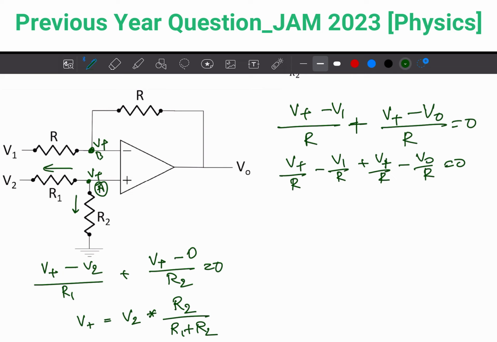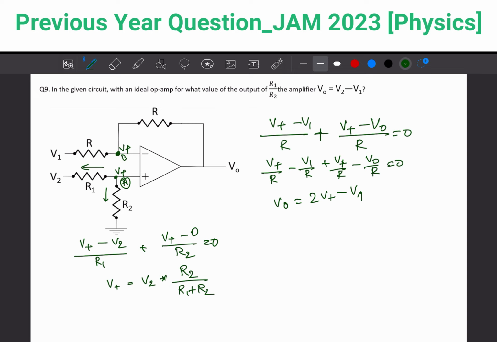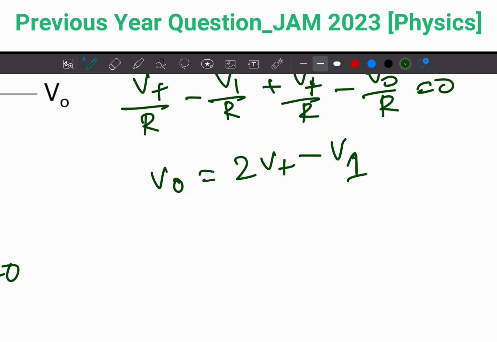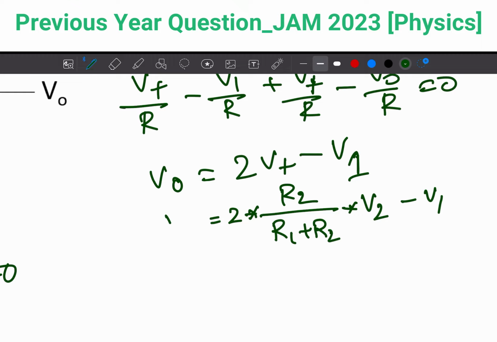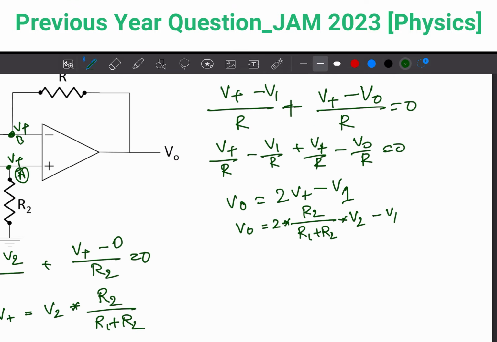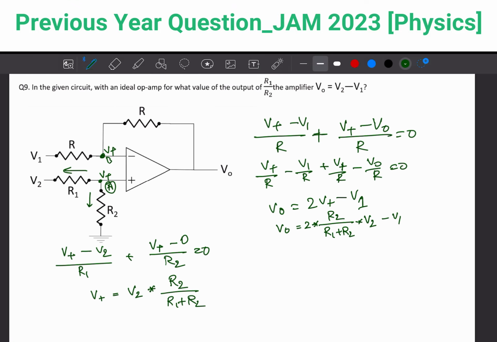So V0 is equal to 2V plus minus V1. Just put the value of V plus, and we will get 2 into R2 divided by R1 plus R2 into V2 minus V1. Okay, so this is the result we get from the KCL.